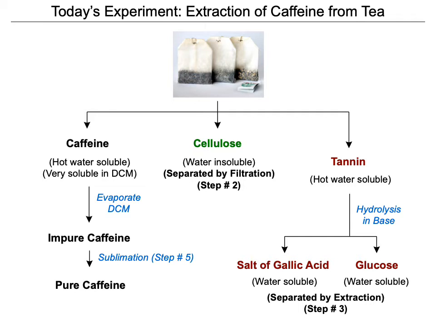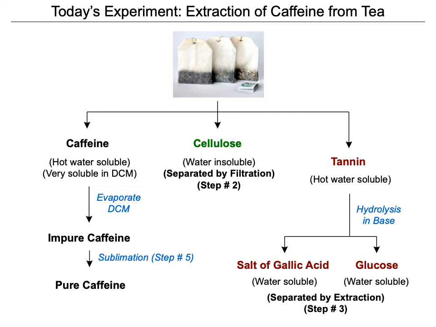Caffeine is soluble in hot water and very soluble in DCM, at either room temperature or higher temperature. At the end of the work, we are going to evaporate the DCM, and then through sublimation, we are going to obtain pure caffeine.